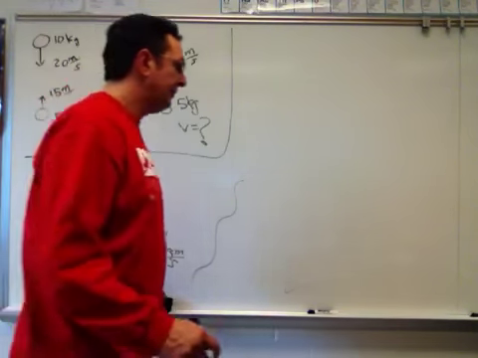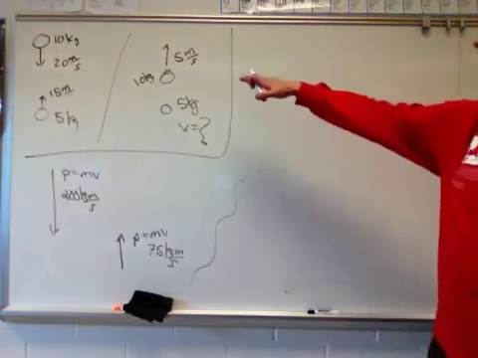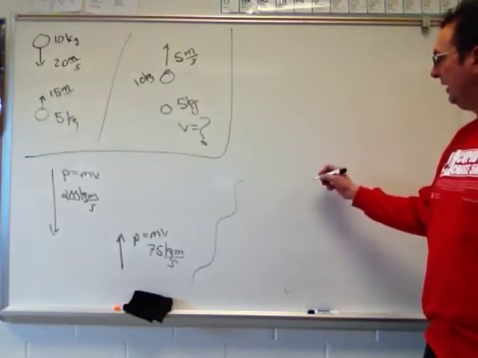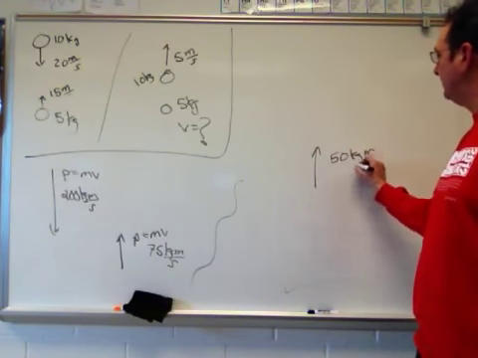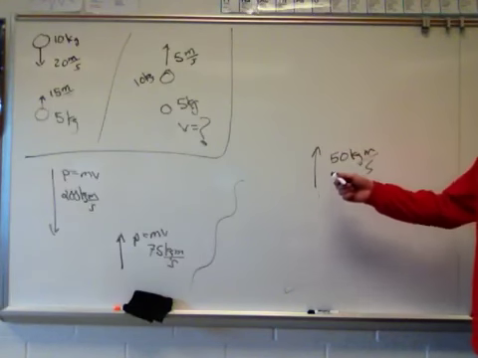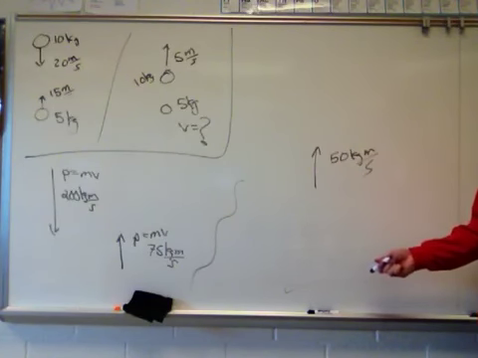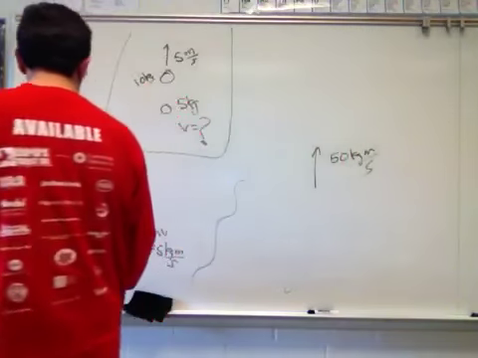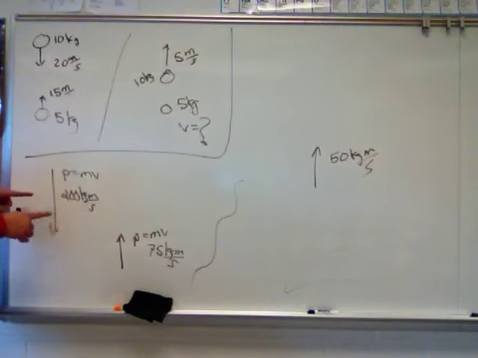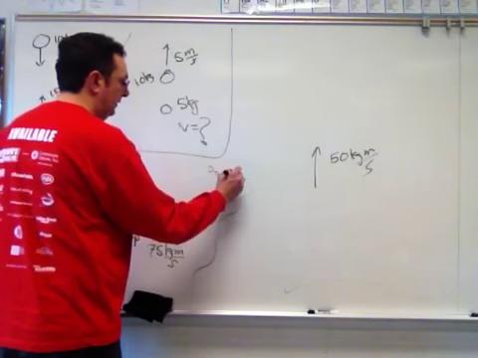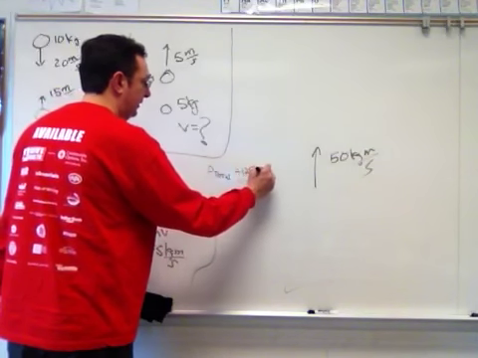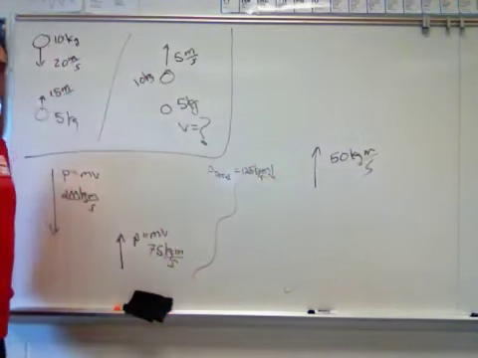And then afterward, just write down what you have. That's 50 kilogram meters per second in that direction. And this plus whatever else is here has to add up to these two. So the total is 125 kilogram meters per second in that direction.